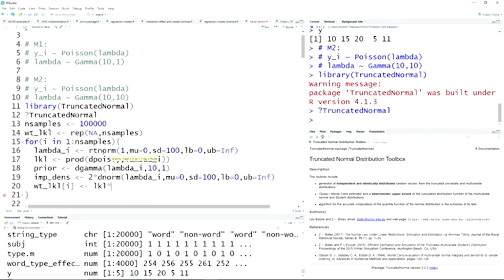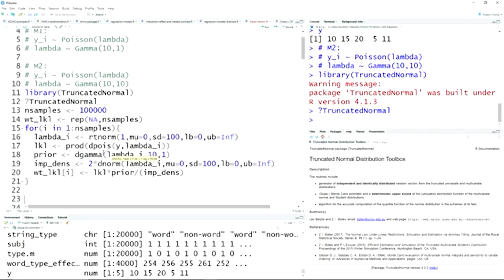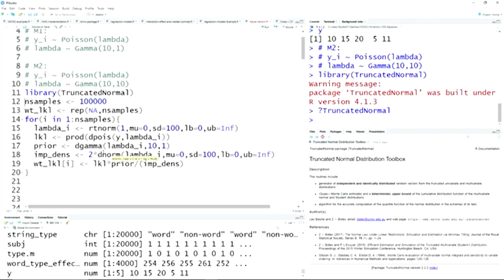This is likelihood into prior divided by importance density. Okay. Basically, I am storing likelihood into prior for each proposal. And in the end, once I get this vector, I can take average of this vector. That would be approximate marginal likelihood for model 1.